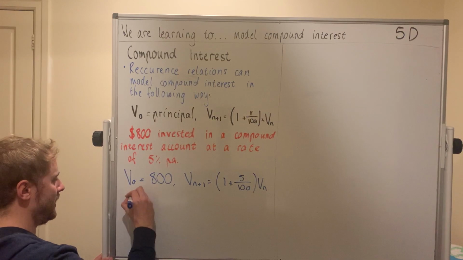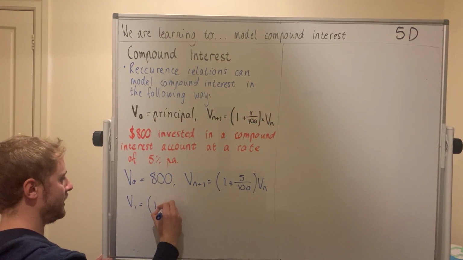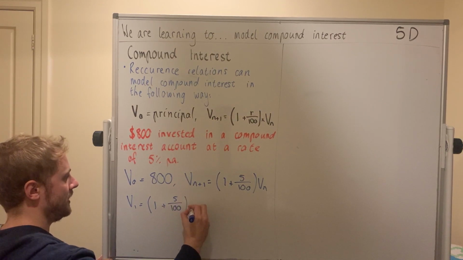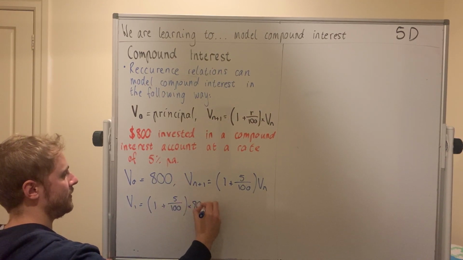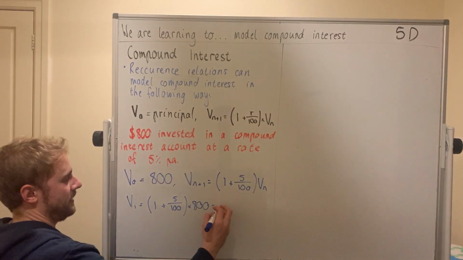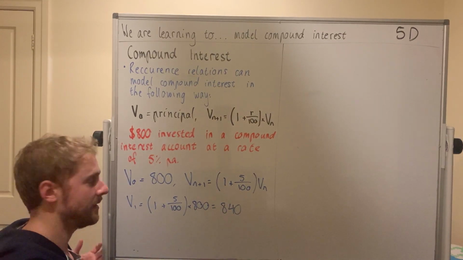So if we want to find V1, for example, we would go, okay, 1 plus 5 over 100 multiplied by the previous term, which is 800. So if my maths is any good, that will be 840.